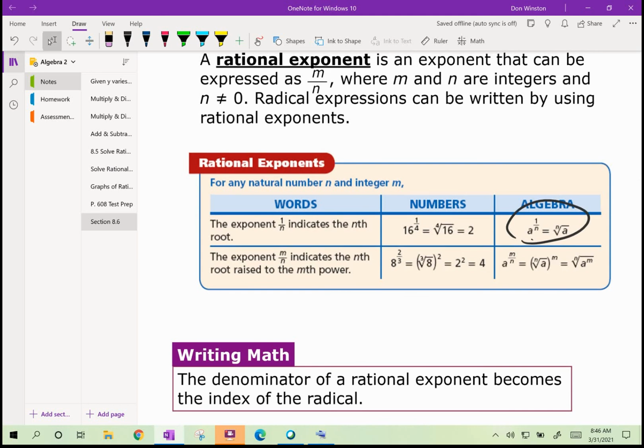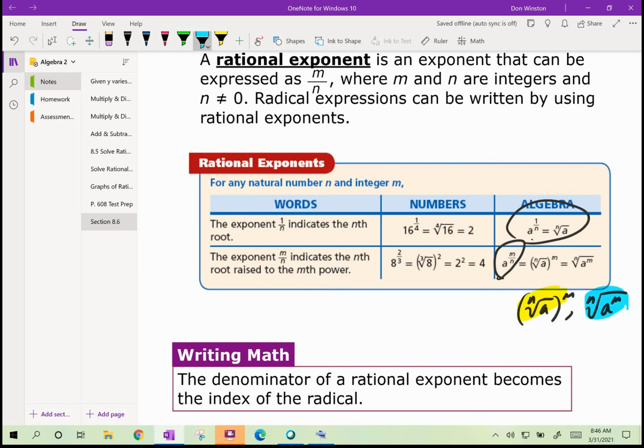And then we can also write it this way. We can say a raised to the m over n is equal to, there are two ways we can write this. It's equal to the nth root of a, and then raise everything to the m, or it's equal to the nth root of a to the m. Sometimes you want to work with this form, and sometimes you want to work with that form.